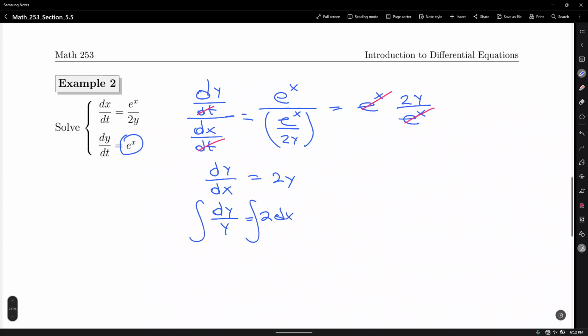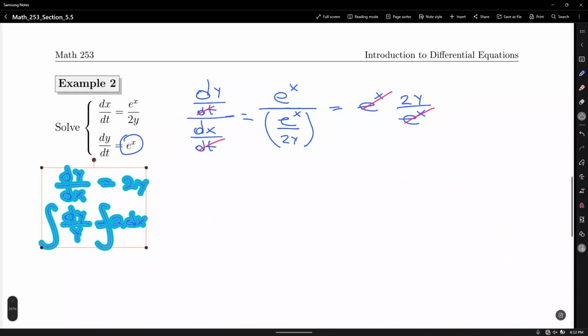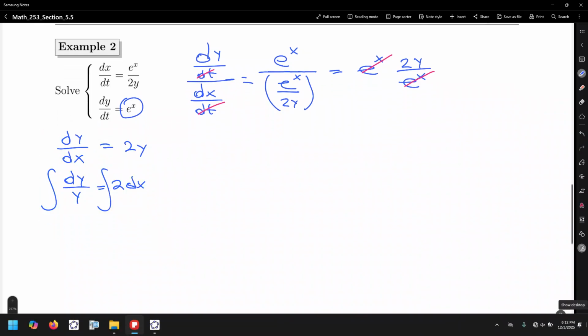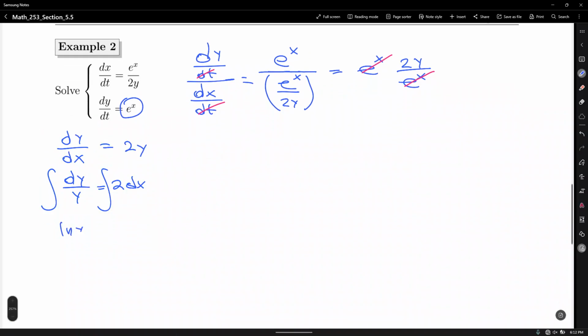Integrate both sides. Let me do this over here. That is, ln of y equals 2x plus some c.